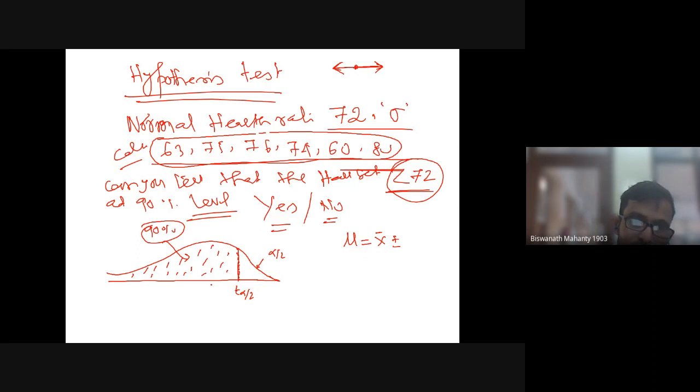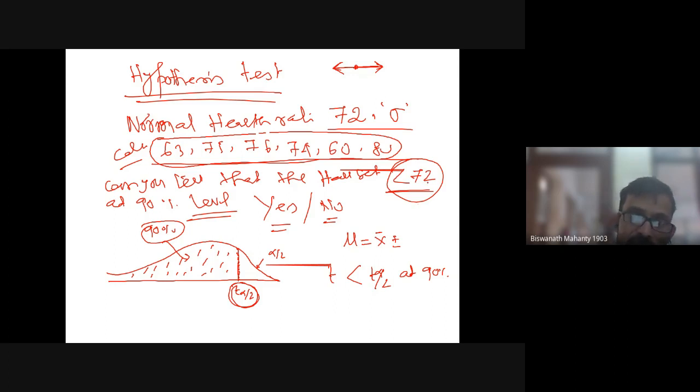If I know this area is 90%, then I can say T is less than T alpha by 2 at 90% guarantee. So my question again is, if I know this point, what is this location in T distribution scale? If I know the location, then I can say yes, it is less than this value with 90% guarantee.